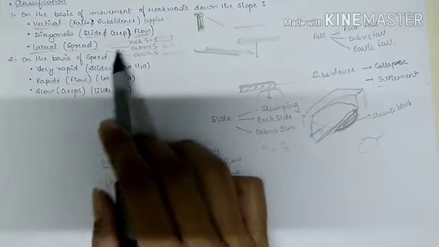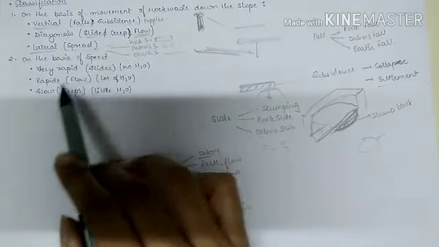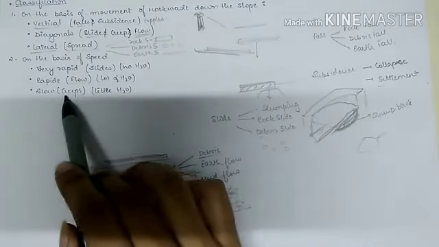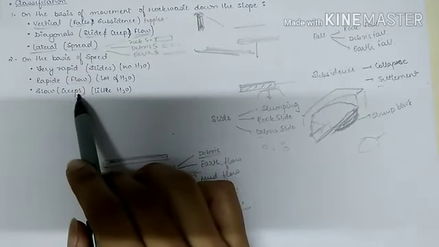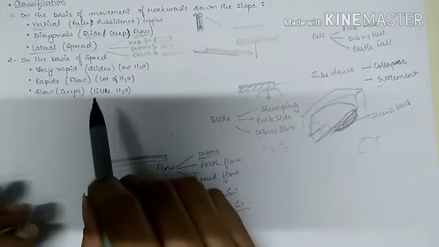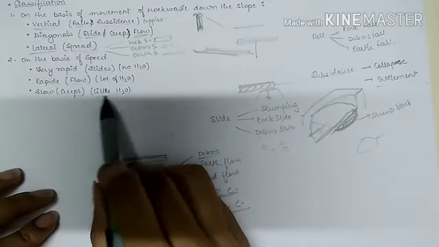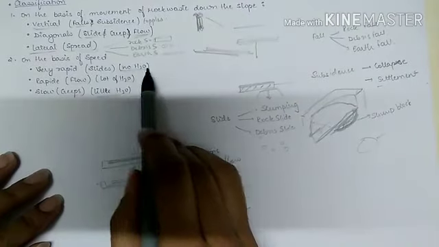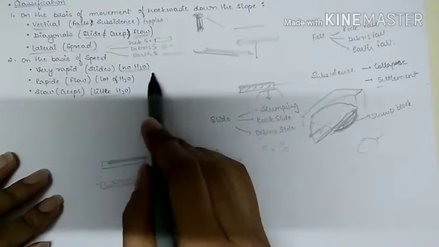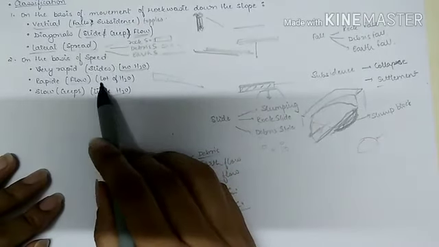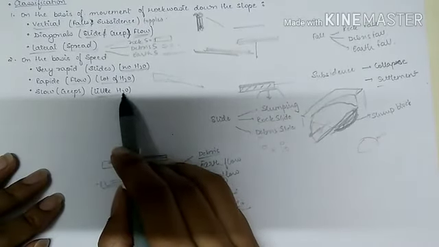Slow involves creeps, and little water is required for the movement of mass. So slide requires no water, because of which it falls down very rapidly. Flow requires a lot of water, and creep requires very little water.